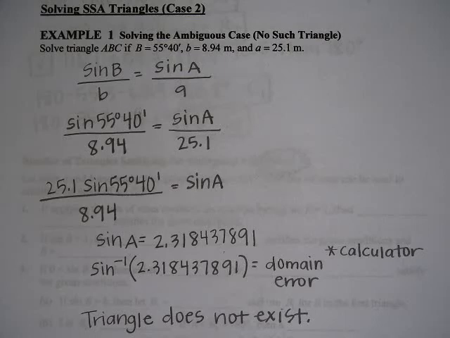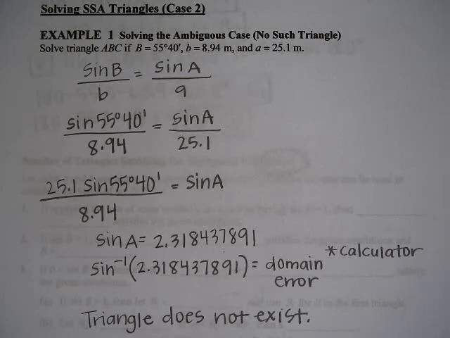So we set that up using our law of sines, and remember I told you that what you're solving for is what is going to go on top. Remember us discussing that? So in 7.1 we solved for the side, so we put the side on top. But in example 1 of this section, we need an angle measure, so we're going to start there, okay?